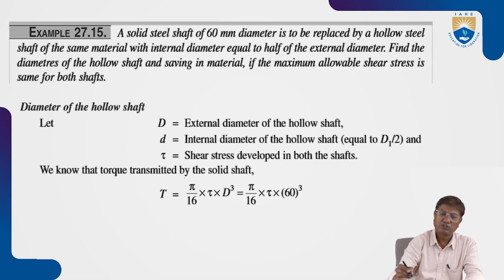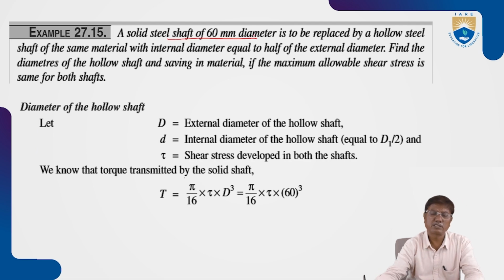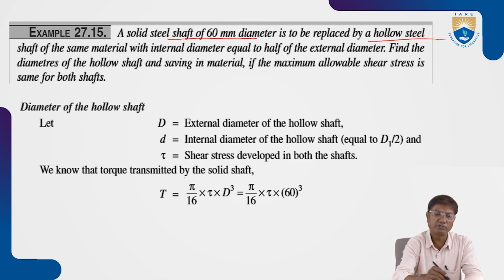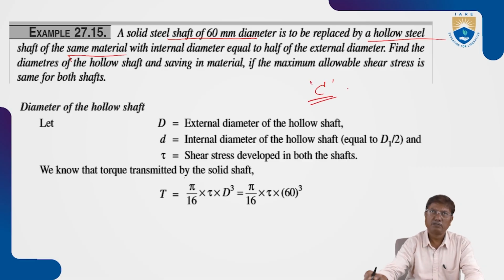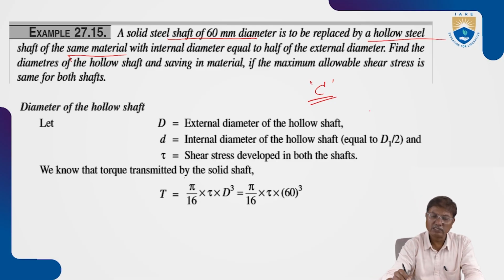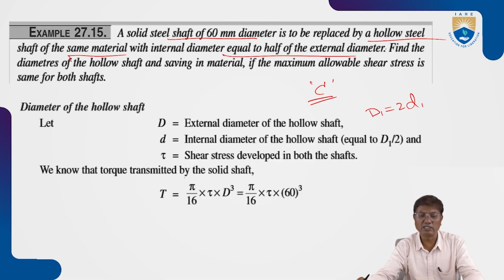Okay, so we have to replace a solid shaft of 60 mm dia by a hollow shaft of the same material. Same material means C, the rigidity modulus, is the same for both. And what is given is that the internal diameter is half of the external diameter.